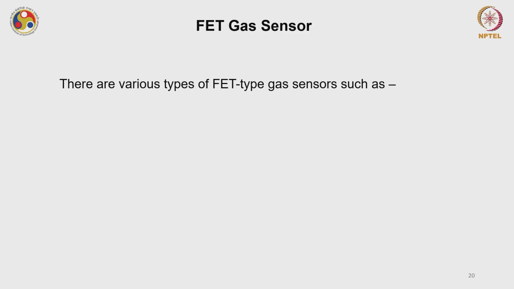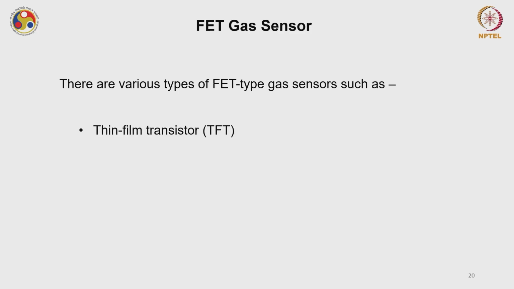of this course. You can study those characteristics in other courses, particularly in the course on analog circuits as well as in the various fabrication technology courses. So, there are various types of FET type gas sensors.